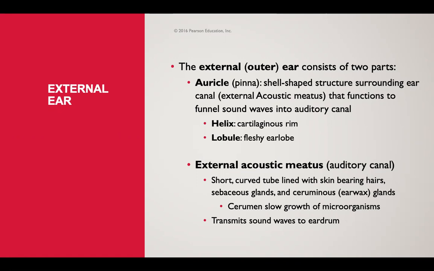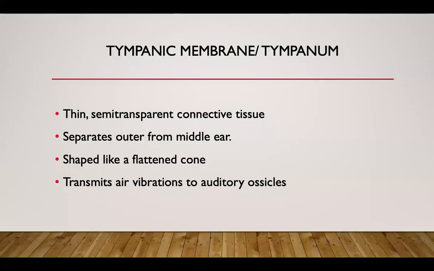It contains material that can slow down the growth of microorganisms within your auditory canal, which is really important considering your ear canal actually opens up to the outside, where all of the microorganisms and harmful pathogens are present that can possibly cause harm to you. And again, the goal of the external acoustic meatus is to transfer the sound vibrations toward your tympanic membrane or your eardrum.